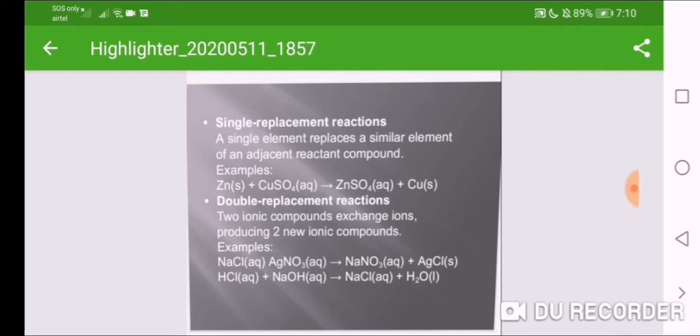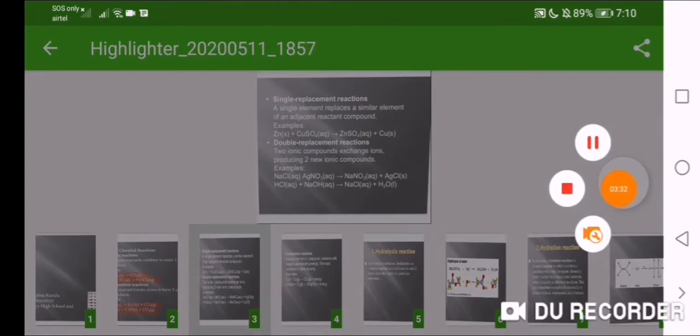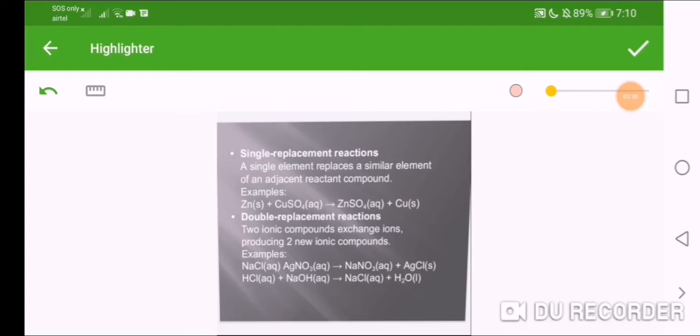When zinc reacts with copper sulfate, it will produce zinc sulfate and copper. Here the reaction is given.